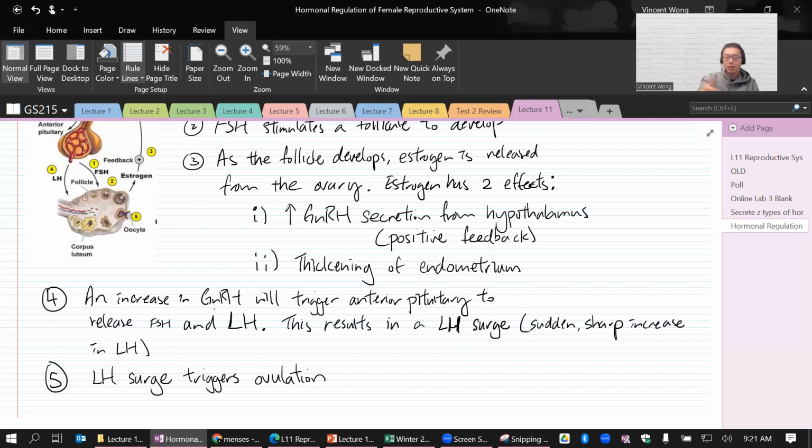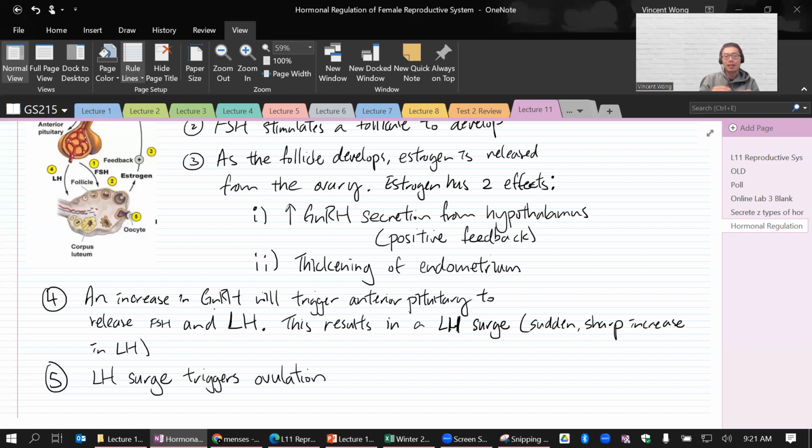You have to do it on consecutive days, because how it works is that it will compare the LH level of this sample with the one you had yesterday. Then on day 3 you have another sample, and it compares with the previous day. What it's looking for is a sudden drastic increase.